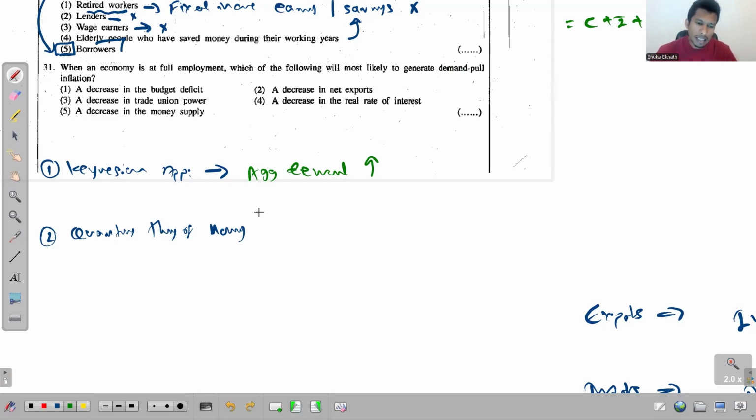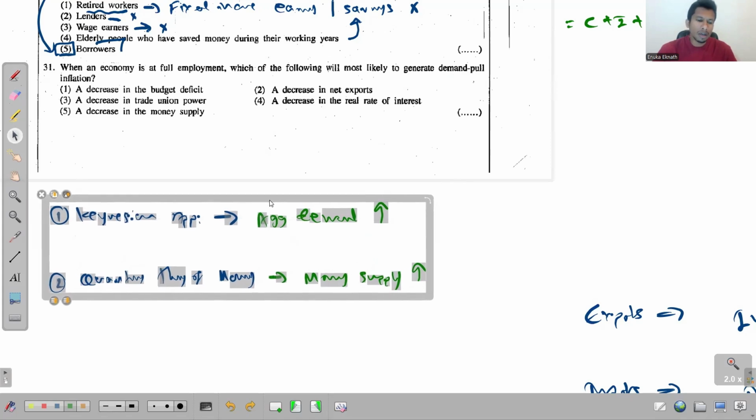And in the quantity theory of money, it says that if money supply increases when the velocity and the real output remain same, again it will create a demand pull inflation. So simply, for demand pull inflation to occur in an economy, either the aggregate demand should increase, if not, the money supply should increase. One of these two should occur.